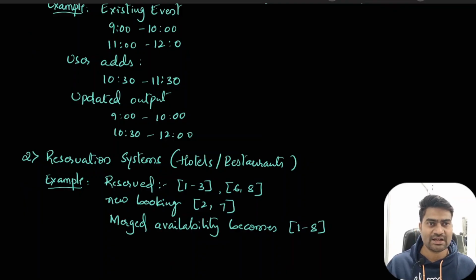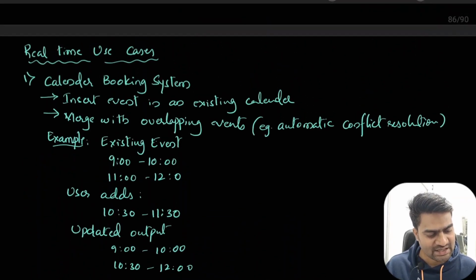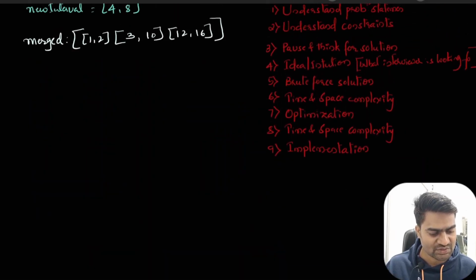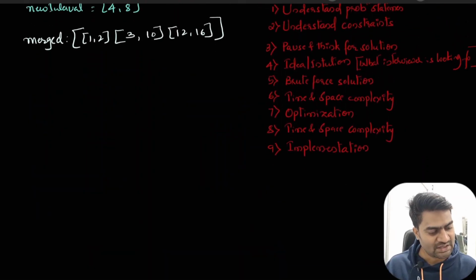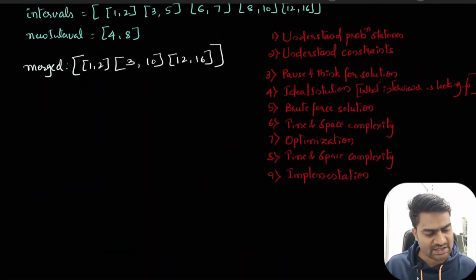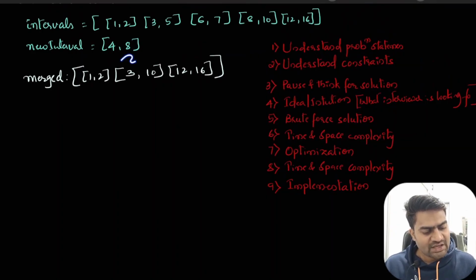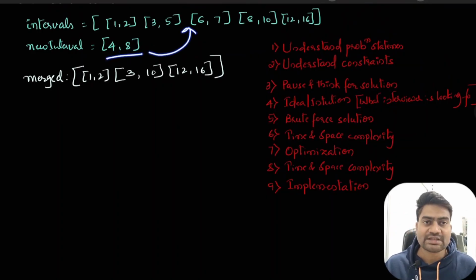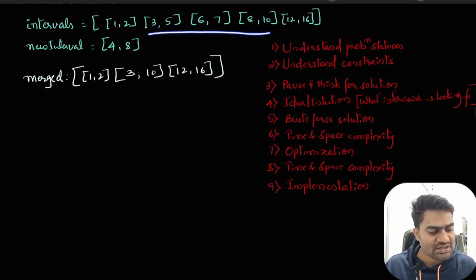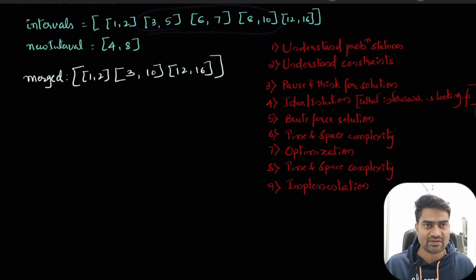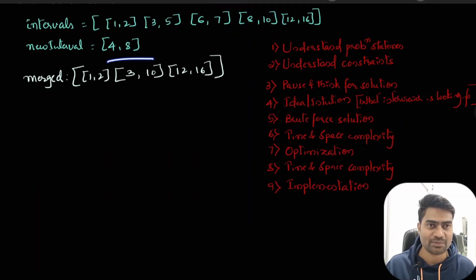Okay, with that, now let us try to understand the brute force solution for this problem. Now if you see what we did, we tried to insert this somewhere here, correct, right? Then we try to merge the overlapping intervals. So it means we will use the merge intervals problem's optimal solution to solve this problem.